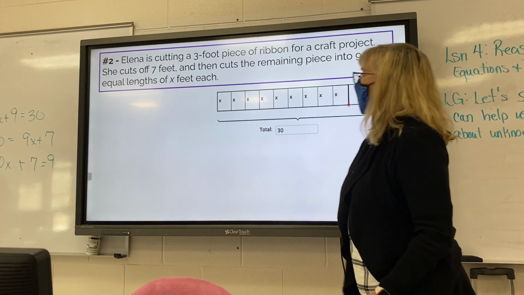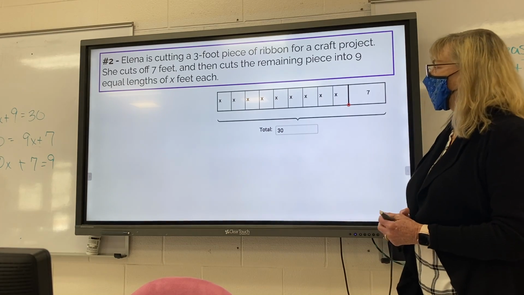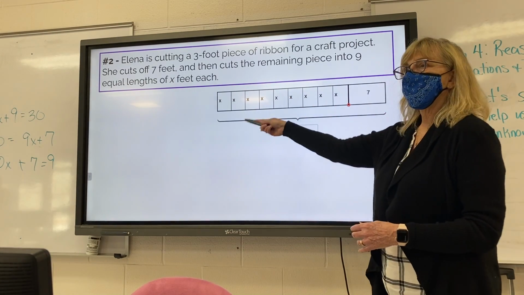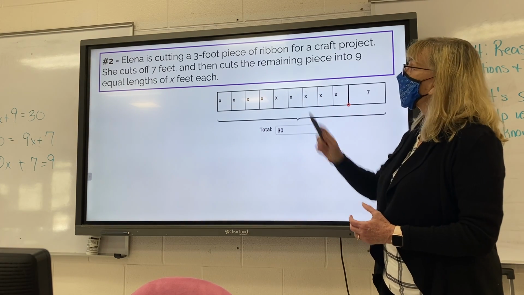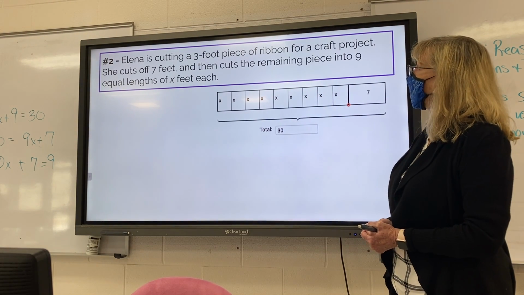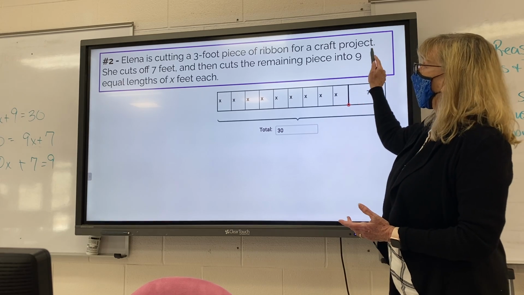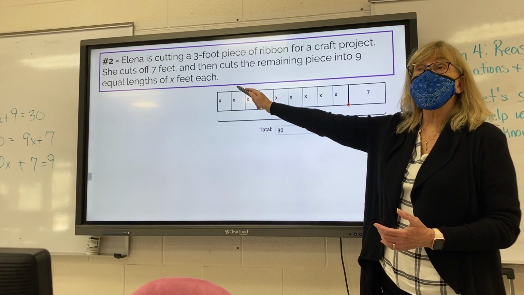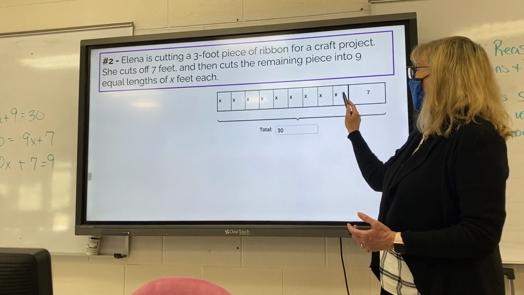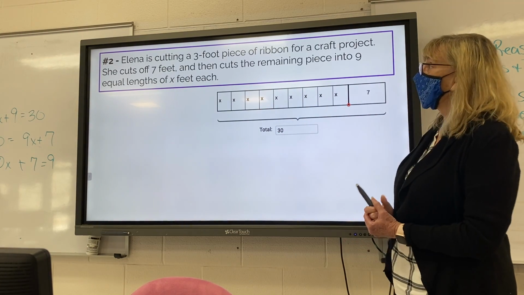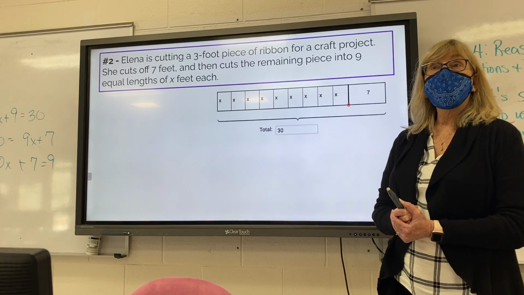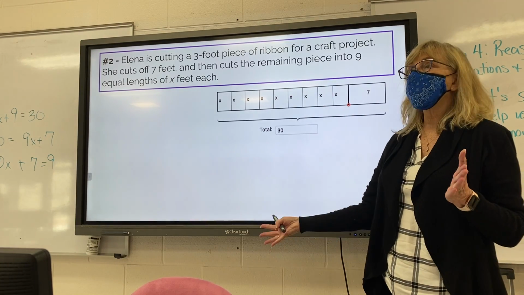Okay, I got all three answers again. What do you see here? Because this represents that. I see 9 x's. Where do the 9 x's come from? 9 equal lengths of x feet each. Okay, x feet, and there are 9 of them. What does the 7 represent? She cuts off 7. The 7 she started cutting off, right?